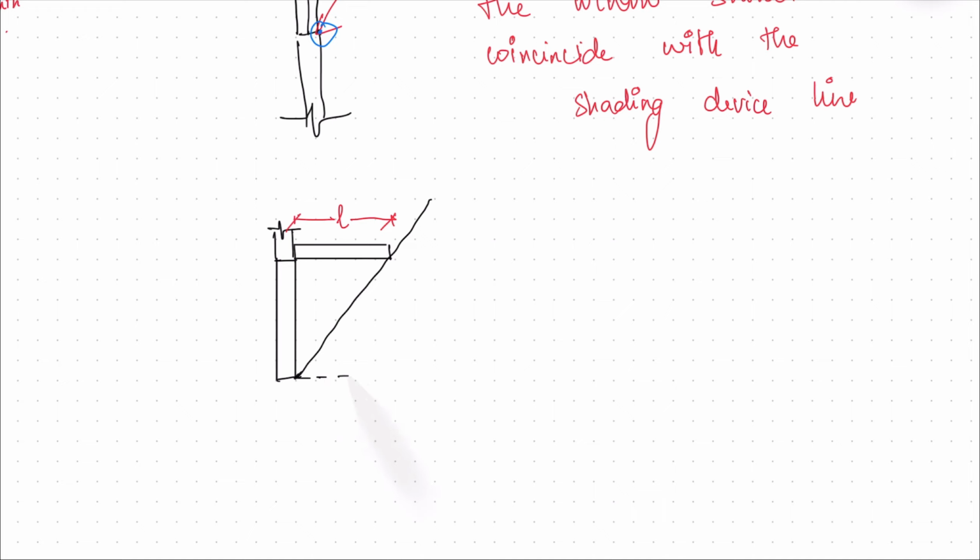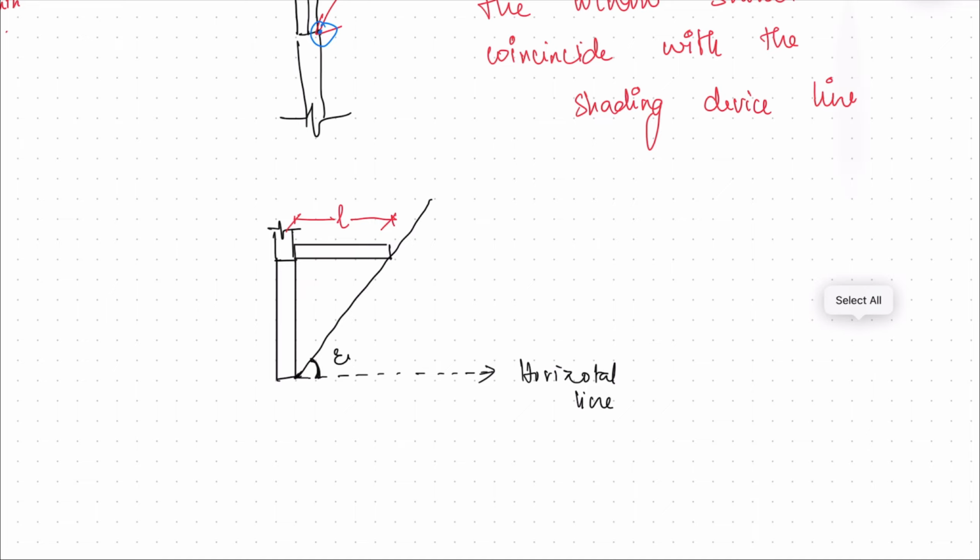Now let's consider this to be our horizontal line, and this angle to be epsilon. And we know by the theory of alternate angles in parallel lines, whatever angle is here would be the same as here.